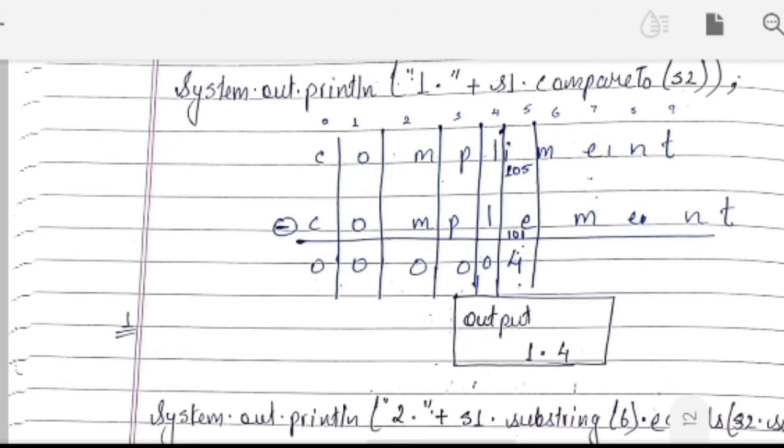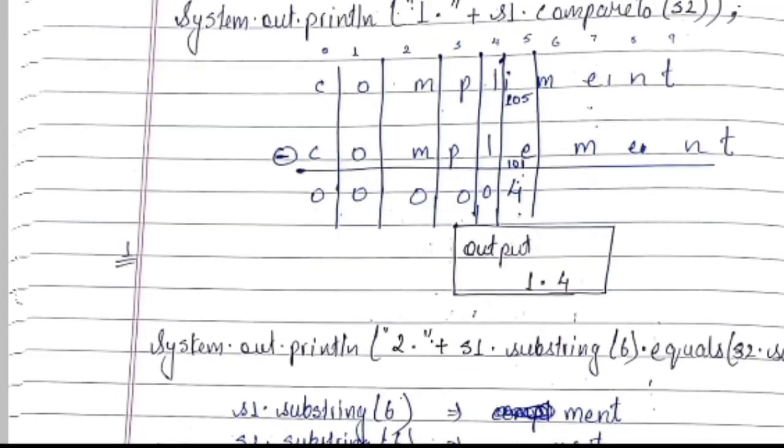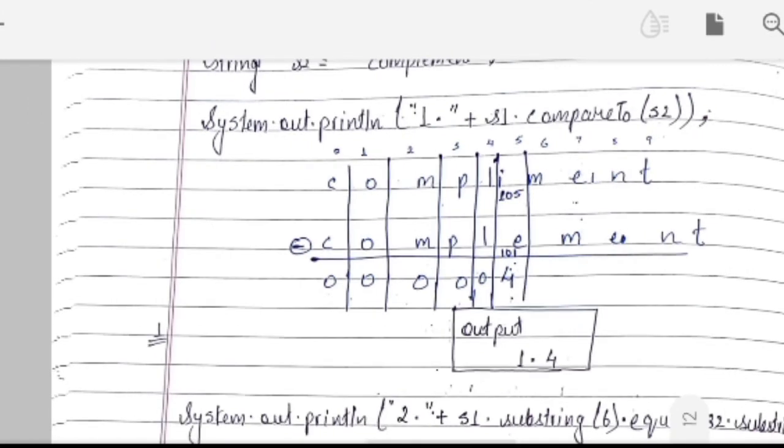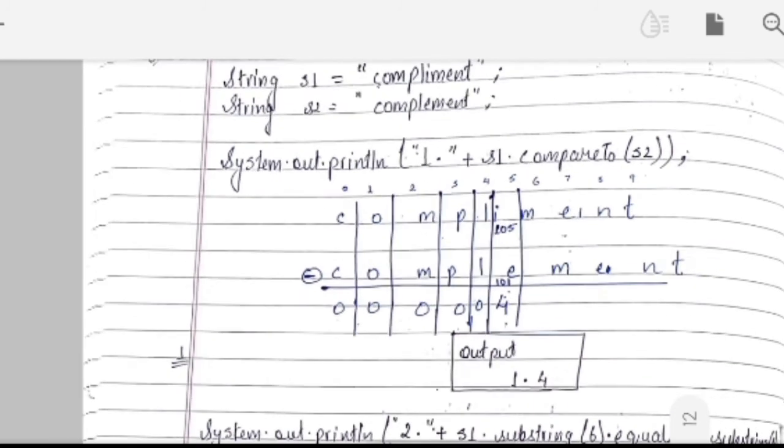Here we can see that I has Unicode ASCII value 105 and E has ASCII value 101. Therefore, the difference is 4, and the function s1.compareTo(s2) will return the value 4, and in this way the first output will be 4.